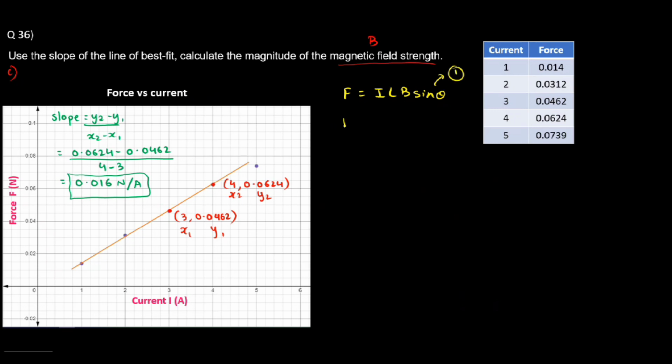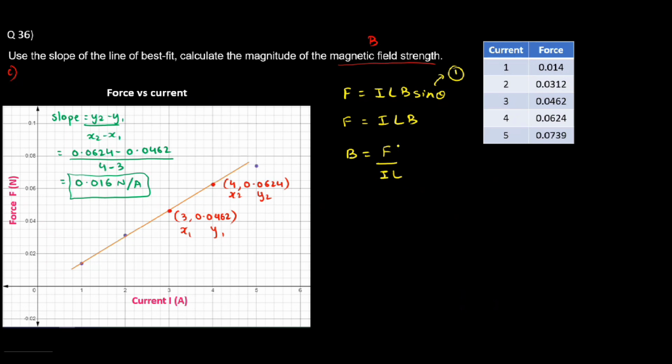And I can just reduce this expression of F to ILB. We can rearrange this term to find B. B will be equal to F divided by I and L. Since I and L are multiplied to B, when I rearrange them to find B, I have to divide by them, I, L. So B is equal to F over IL.